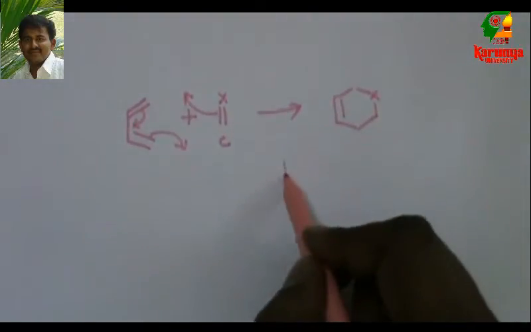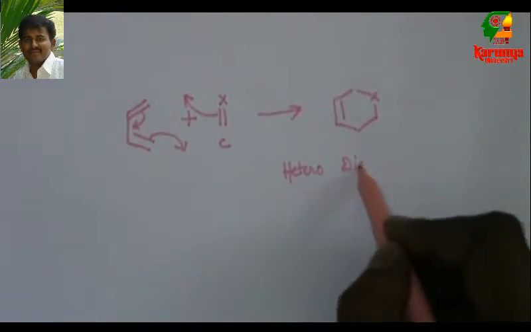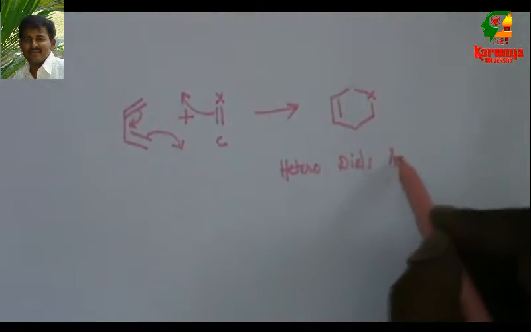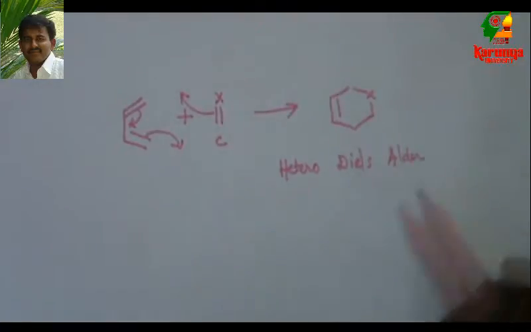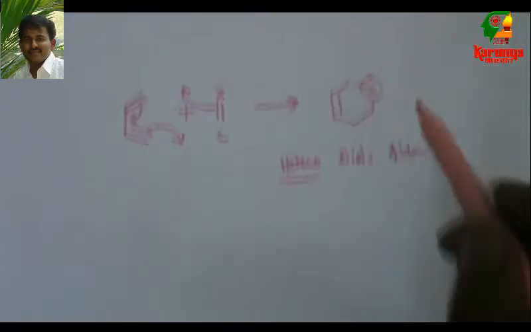So this is hetero Diels-Alder. The hetero refers to the heteroatom in the ring.